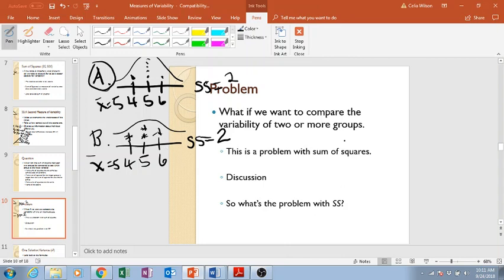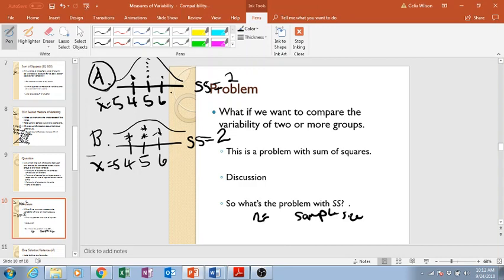So the problem with sum of squares is it's not taking into account what? All right, your sample size. So your N. Sample size is being ignored, right? Because when we add scores at the mean, what does it contribute to sum of squares?